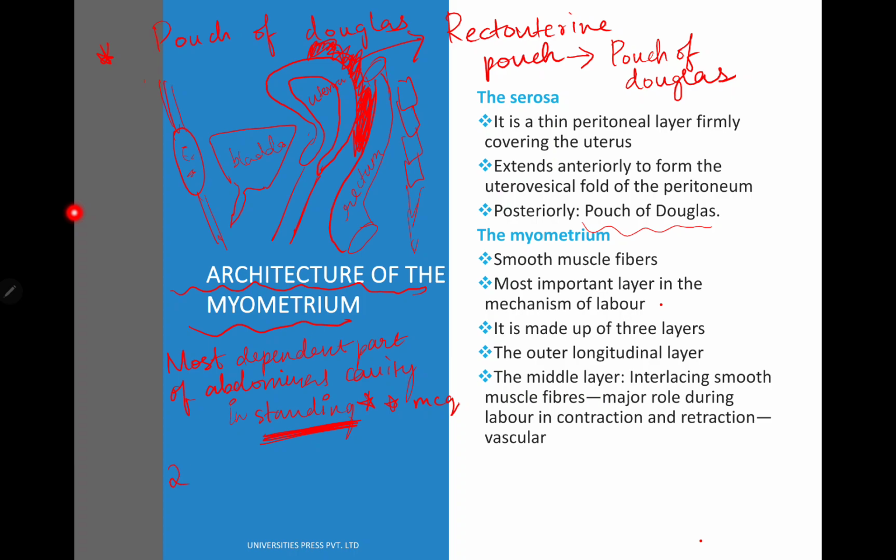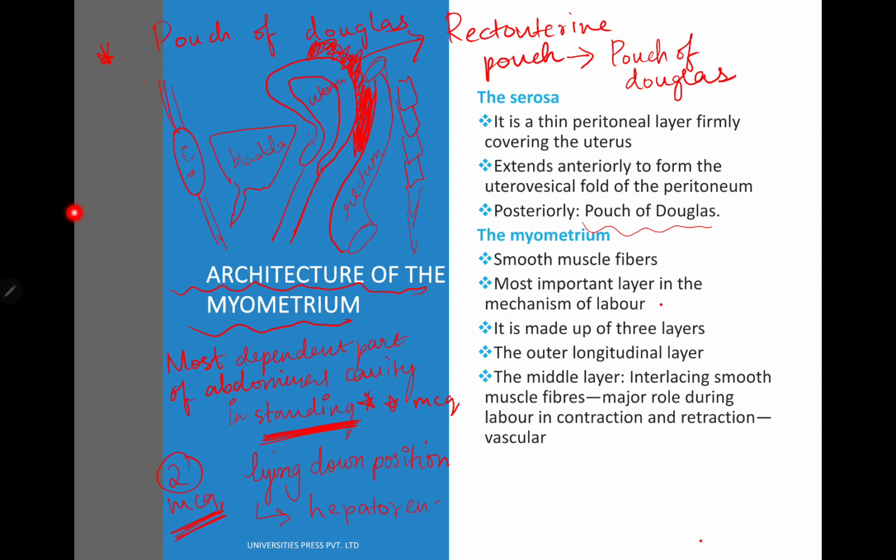The next favorite question of the examiners is what is the most dependent part of the abdomen if they twist the question as lying down position, then what will be your answer? In standing position, it's going to be pouch of Douglas. But in lying down position, it's going to be your hepatorenal pouch.